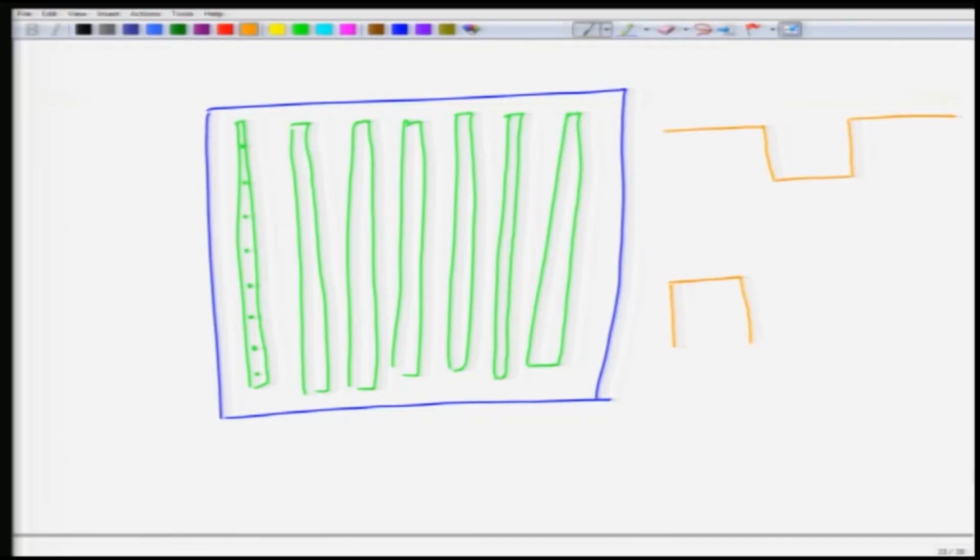Generally, the standard sizes are 30 centimeter in width, 30 centimeter in length and 30 centimeter in height. If you look at this pit, it will be in the form of a cube.